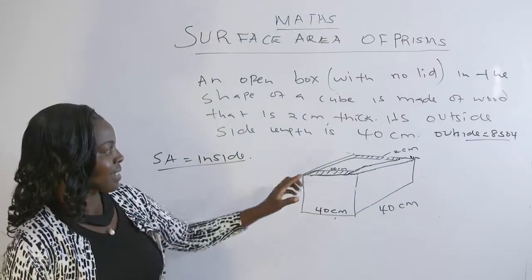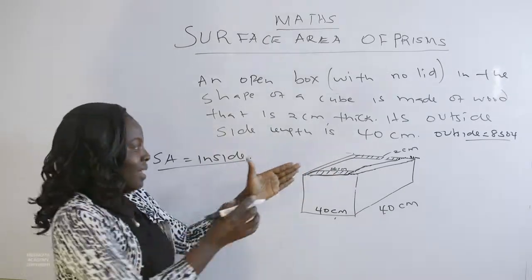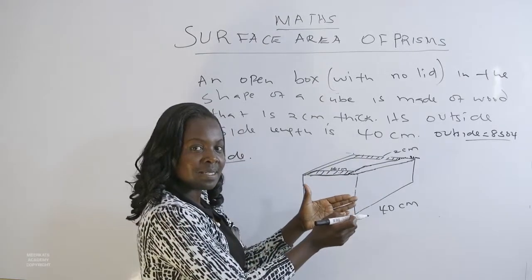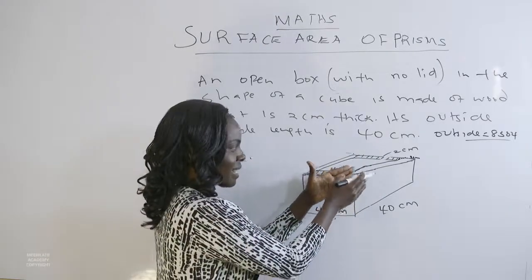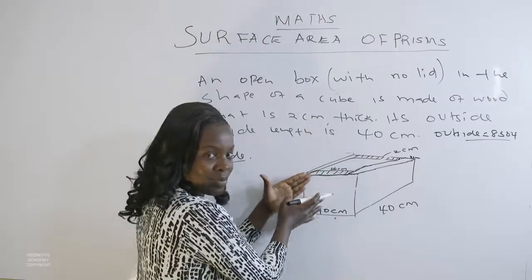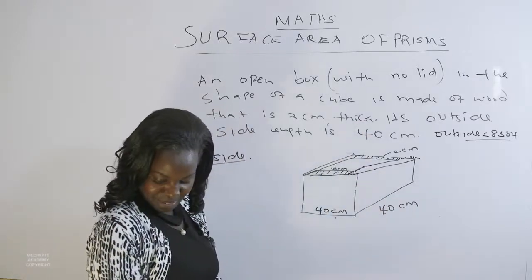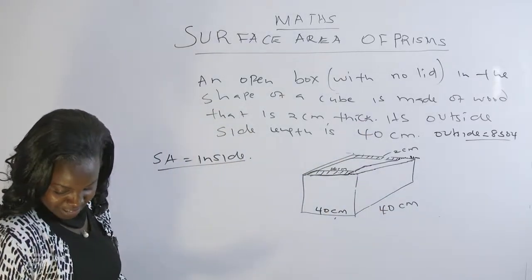So the four sides, you realize that this side has been carved out 2 centimeters because the box is made of wood 2 centimeters thick. So this wood is 2 centimeters thick, the other wood is 2 centimeters thick, this wood is 2 centimeters thick, and the other side is 2 centimeters thick. So what are we remaining with inside?